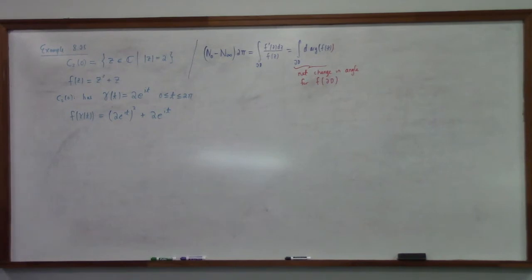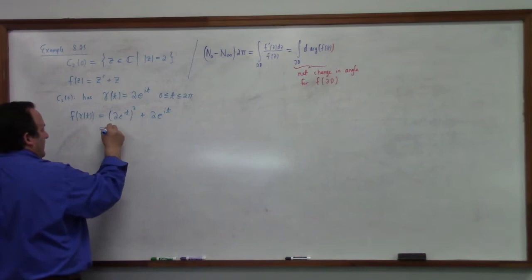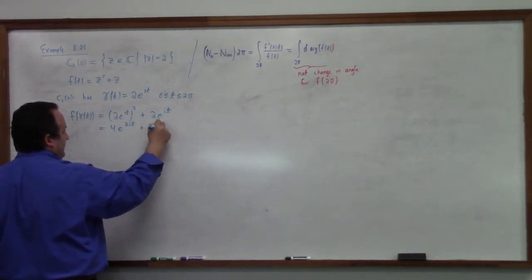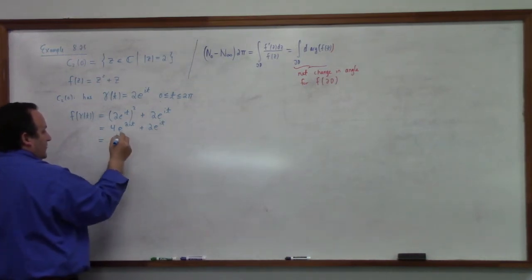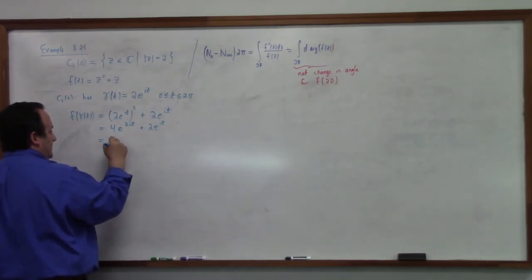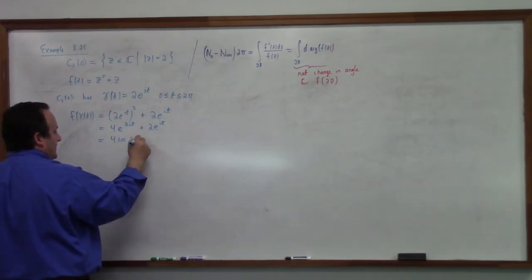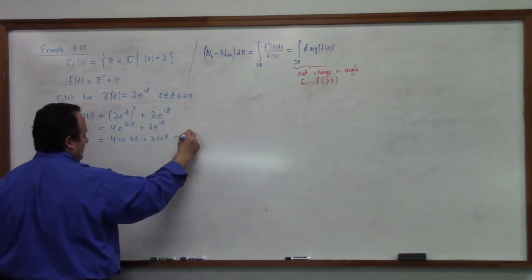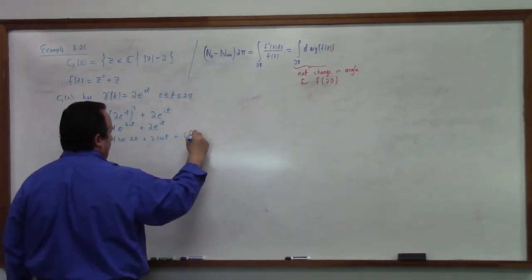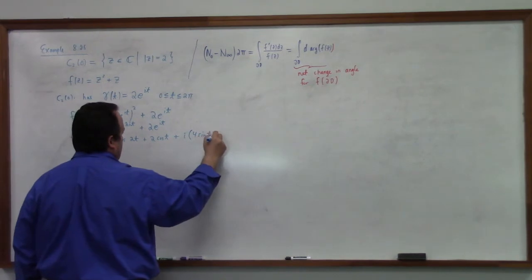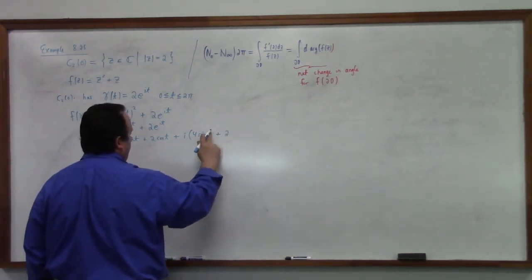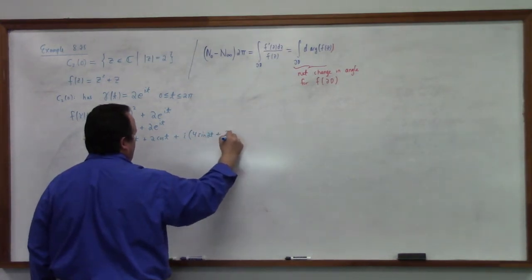And that gives me 4 e to the 2it plus 2 e to the it, which we can write in terms of sines and cosines as 4 cosine 2t plus 2 cosine t, plus i times 4 sine 2t plus 2 sine t, yeah?